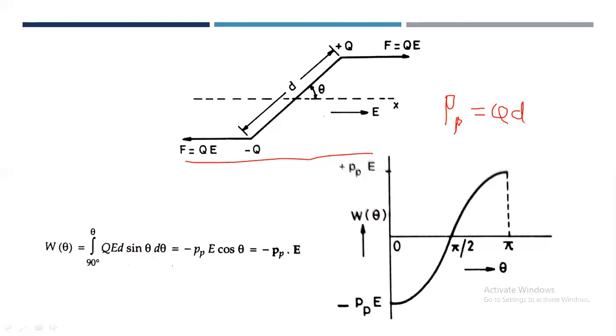So when an electric field is applied along the x-axis, as shown here, it will produce a force on the positive charge, that is F equals Q times E. And an equal force on the negative charge also appears, that is F equals Q times E, but in the opposite direction.